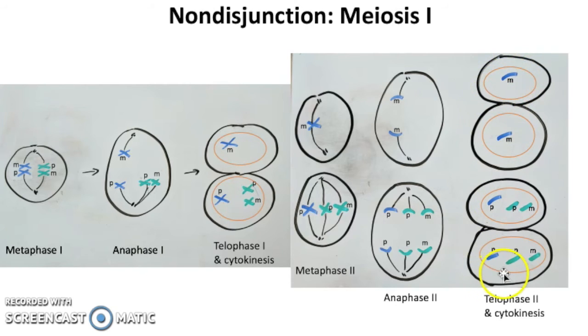And then these bottom ones will have one each of the paternal chromosome, but then they're going to have one each of both the maternal and the paternal green chromosomes. So you're going to have two cells that have one chromosome each, and then two cells that have three.